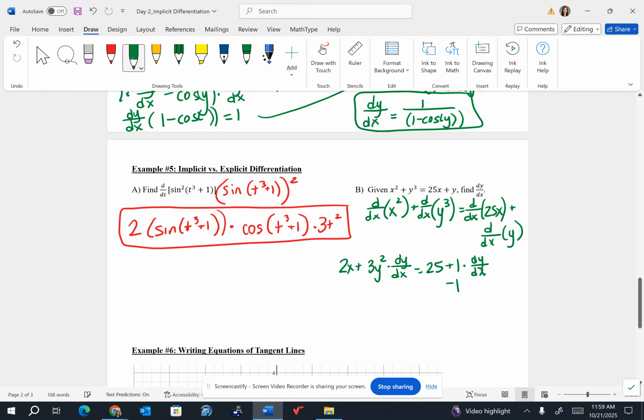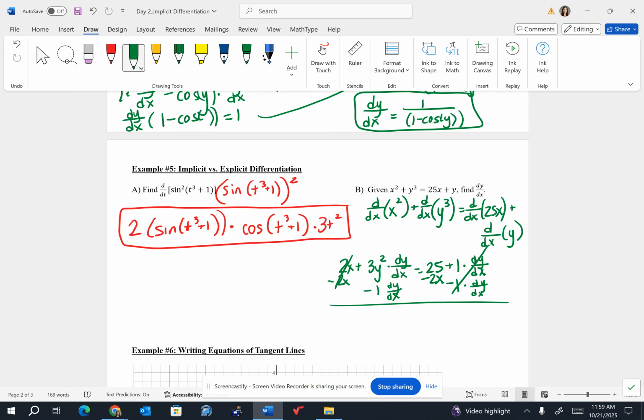So I'm going to subtract 1 dy/dx on both sides. But then I still have the 2x over to the left. I really want to move that over to the right also. I would like all the dy/dx's on one side and everything else over on the other side. So I'm going to go minus 2x over on the other side.